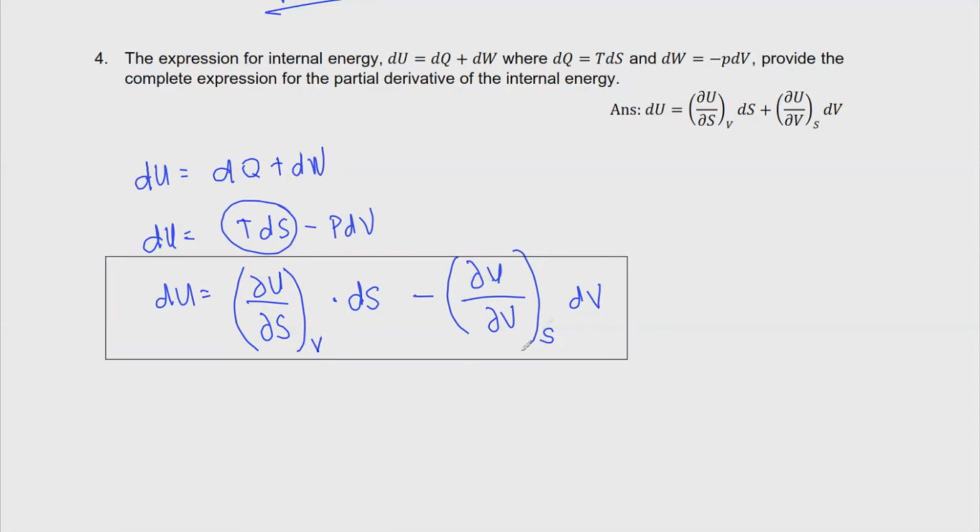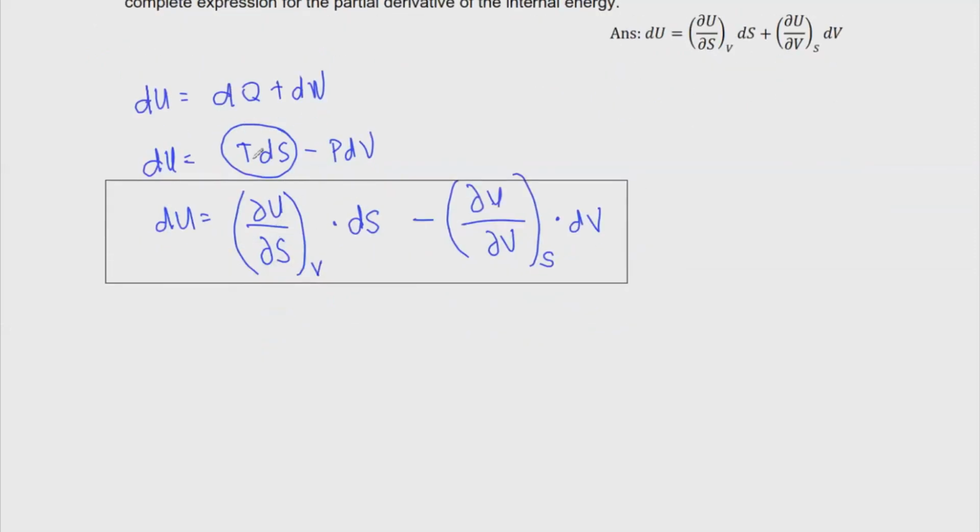And again, from this expression, if you try to match the expression above, this one and then this one, can you see the similarity wherein you have dS here, dS, dU, and then dV. So therefore, if I want to match these two expressions right here, you can see from this expression that this T and the one corresponding to this partial U over partial S at constant V should be equal.